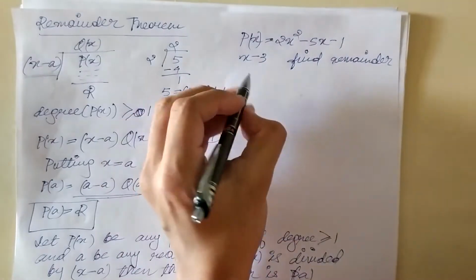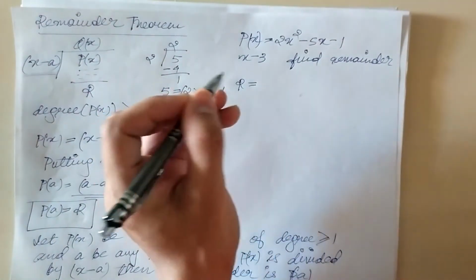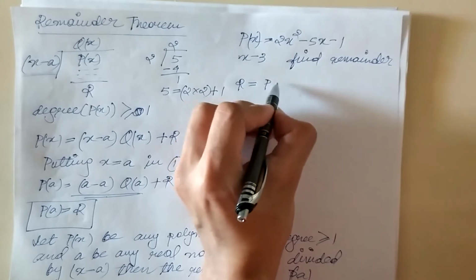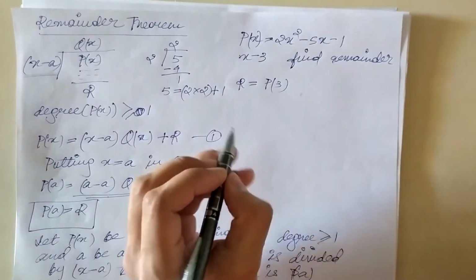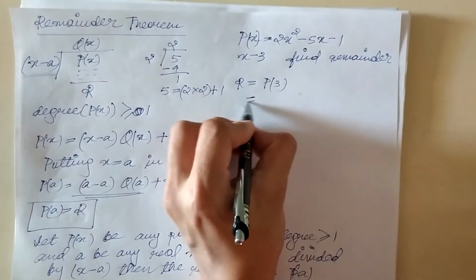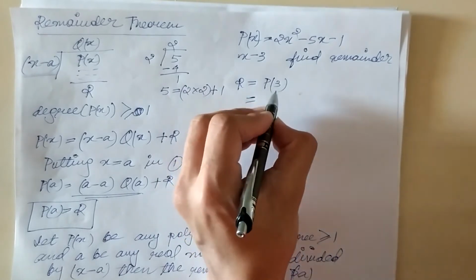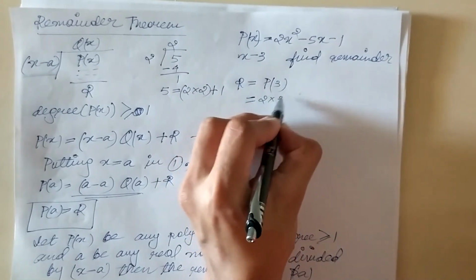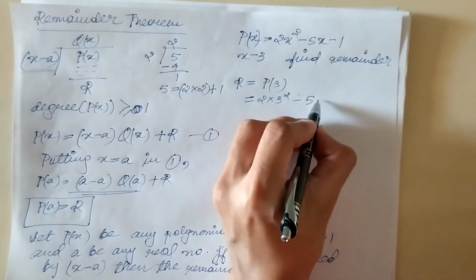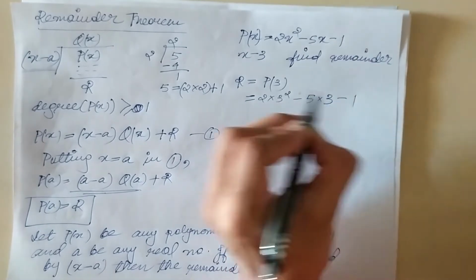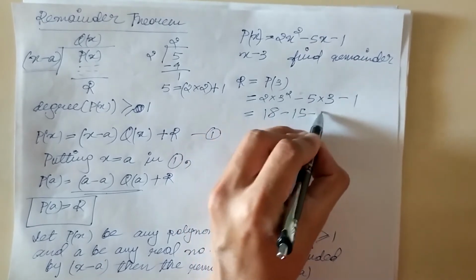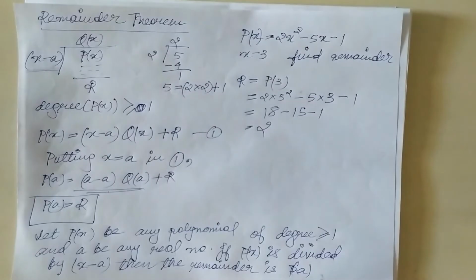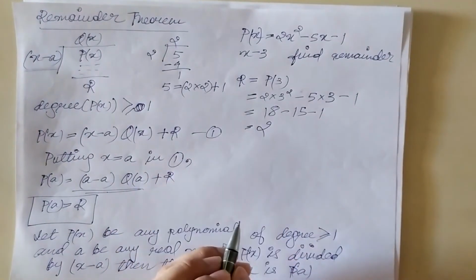So simply the remainder will be equal to p(3) by using the remainder theorem. So putting 3 in place of x in p(x), 2 into 3 square minus 5 into 3 minus 1, that is 2.